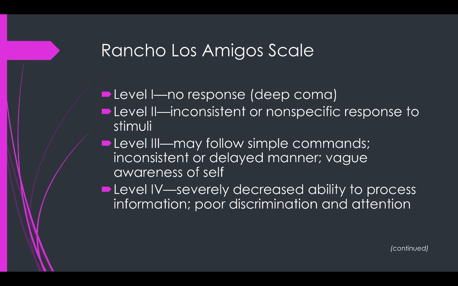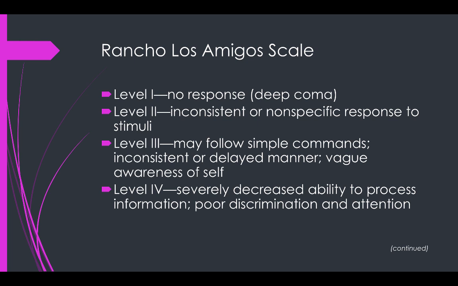So there is the Rancho Los Amigos scale for TBI. Level 1, the most severe, is non-responsive, so the individual is in a coma. Level 2 is an inconsistent and non-specific response to stimuli, so not in a coma, but not 100% responsive.